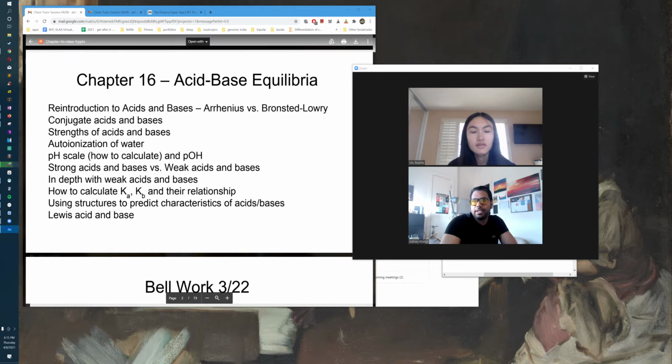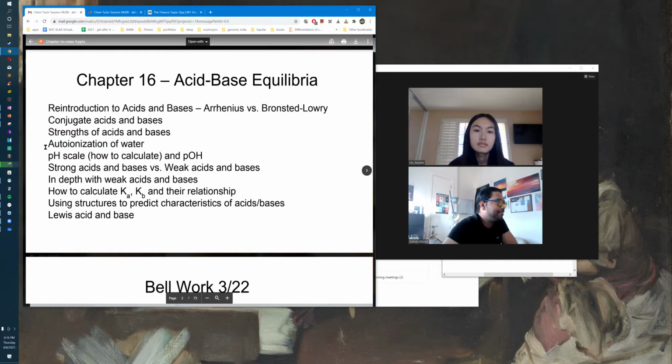It comes up every time you see a capital K, and it's basically going to be something like the concentration of products over the concentration of reactants. So you'll see K equilibrium, Ka for acids, Kb, and Kw for water, which is the autoionization of water.